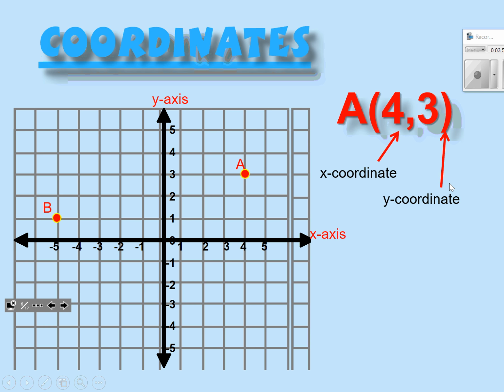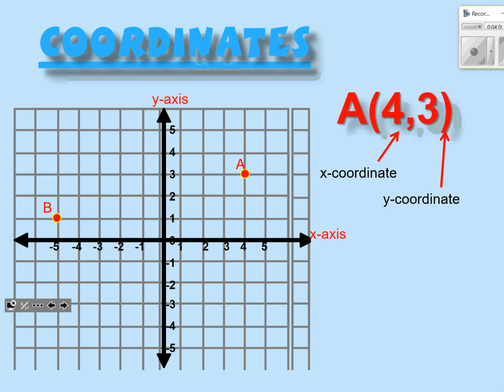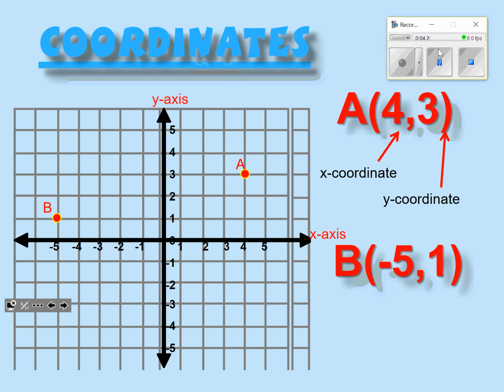So the point that just appeared, point B, the coordinates for point B are (-5, 1). What you have to make sure that you guys do is put the B in front of the parentheses and the comma between the two coordinates.